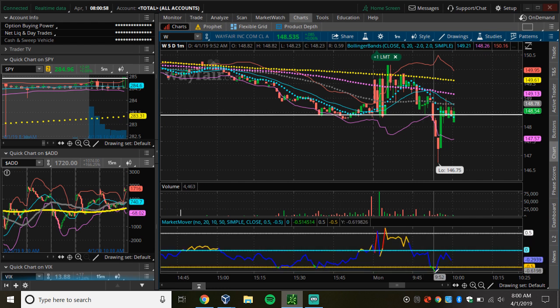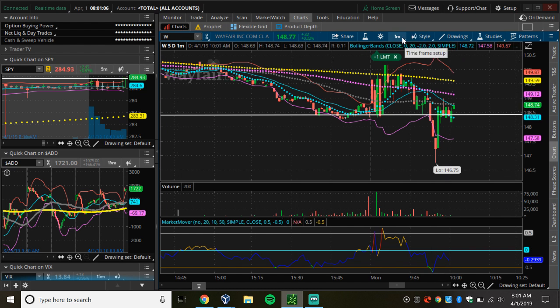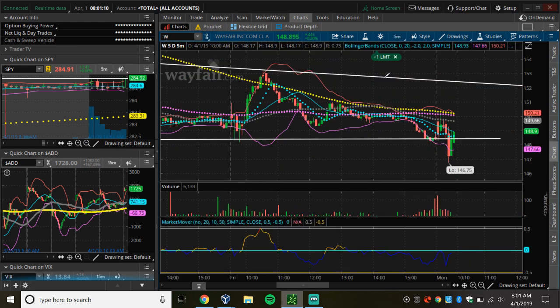As you can see on the market mover, we went slightly green at that moment on the 1 minute chart. All right, I'm going to look to get out of this guy.